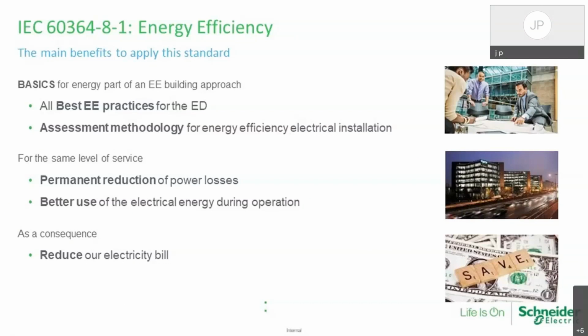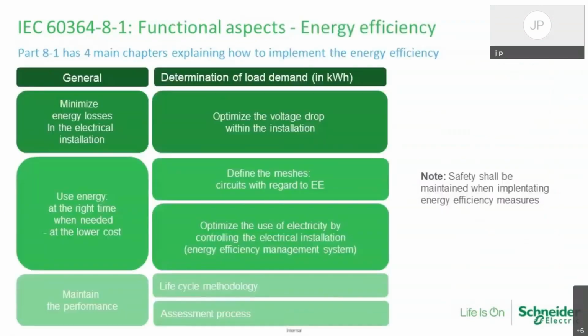This part 8-1 is really the way to use less energy for the same level of service. And the consequence of that is that you are going to reduce the energy bill of your customer. So for doing that, the first thing is to determine the load demand. When you make the protection for safety, usually you use the installed power in kVA.